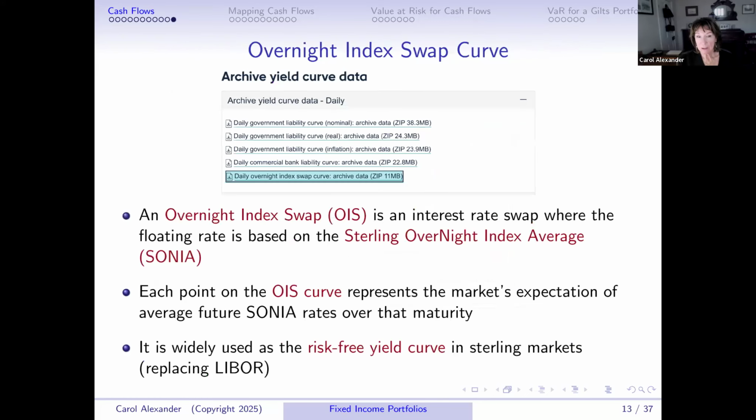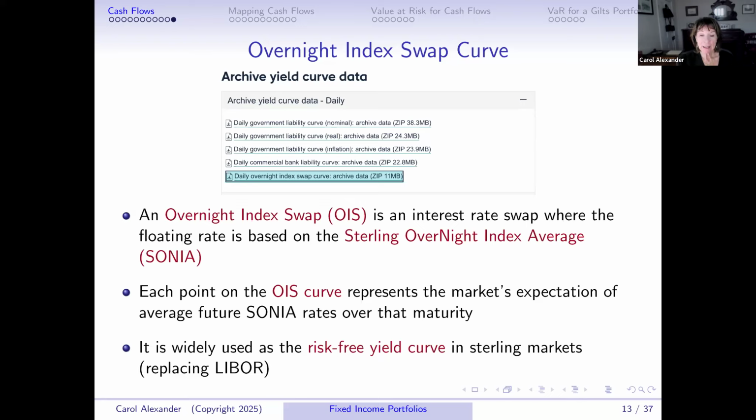Overnight index swap curve. So these can also be downloaded. I'm not going to show you what they look like because they look quite similar to the instantaneous forward rates. An overnight index swap is an interest rate swap where the floating rate is based on something called the sterling overnight index average.